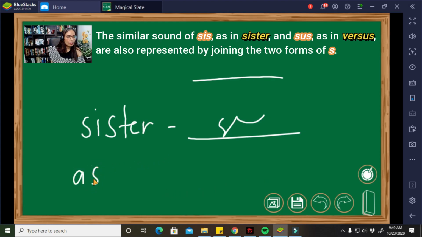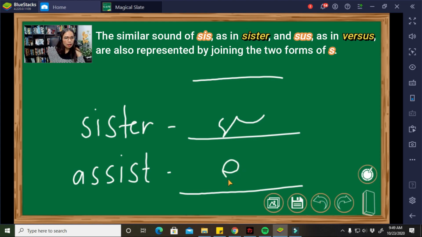The word is assists. Alright. Assists. There you go. We do have a big circle there. Then the S and T. Assists. Alright. So next.